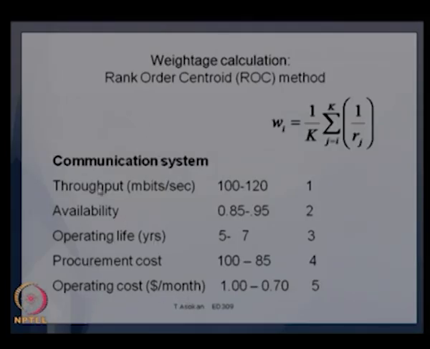These are the values of these objectives: throughput 100 to 120, availability 0.85 to 0.95, operating life 5 to 7 years, procurement cost 100 to 85, operating cost 1 to 0.7. These are the minimum and maximum values which we will be using in the value curve.